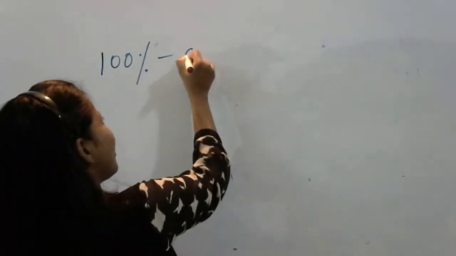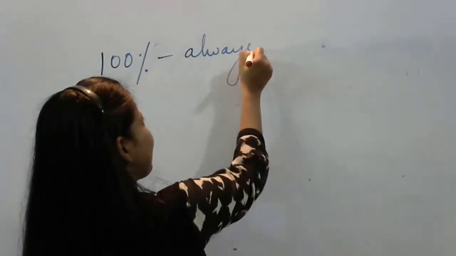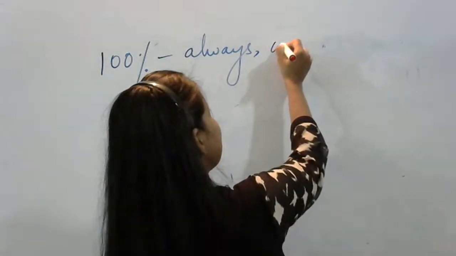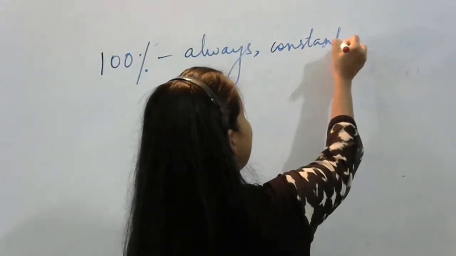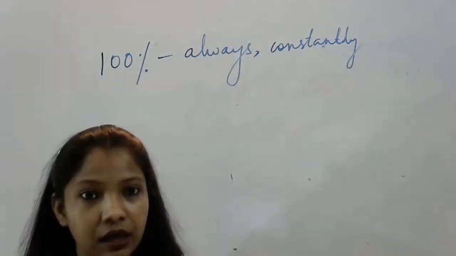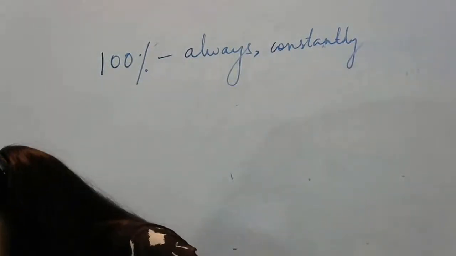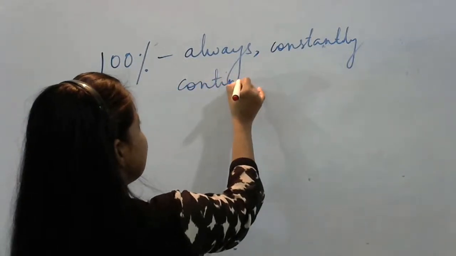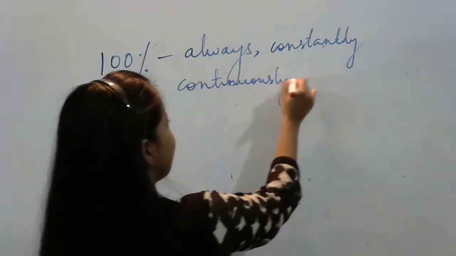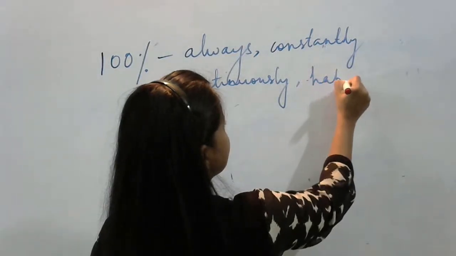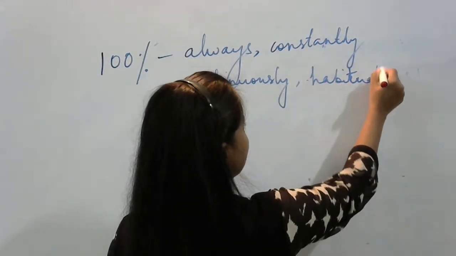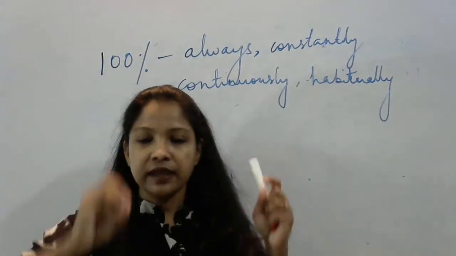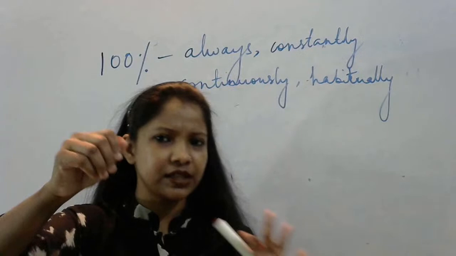It is always, constantly, continuously and habitually. That means things that you do. Yes, Rajesh, always is correct.